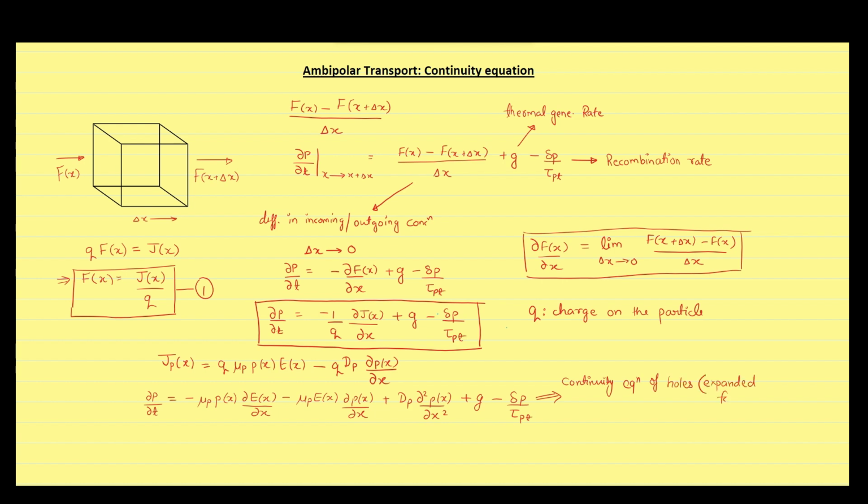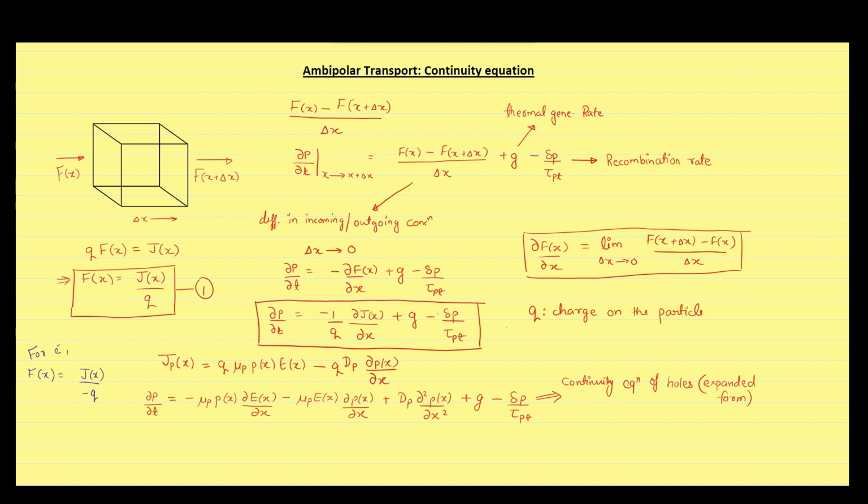This is very important. Similarly, if we want to find the continuity equation for free electrons, first we have to put Fx equal to Jx divided by minus q, as the charge on a free electron is minus q, and after that all the procedure is the same.